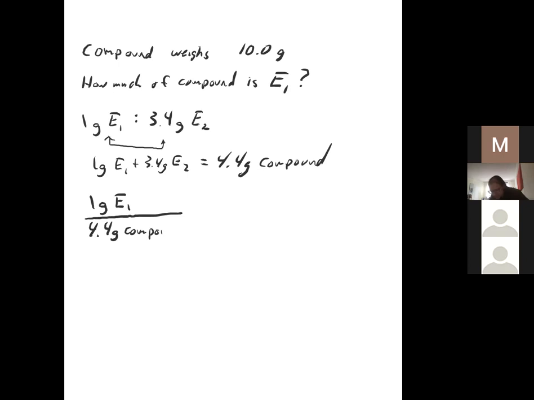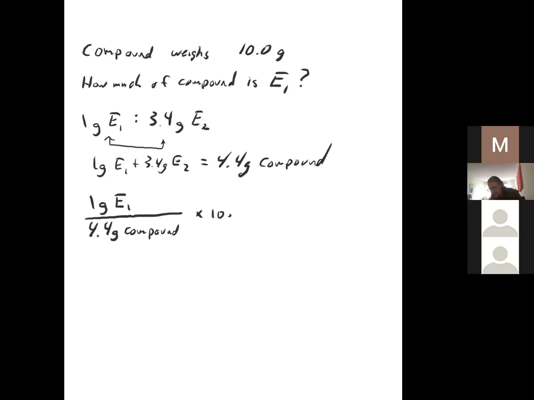I'm just making a fraction. Out of the total 4.4 grams, element 1 weighs 1 gram. It's 1 over 4.4.